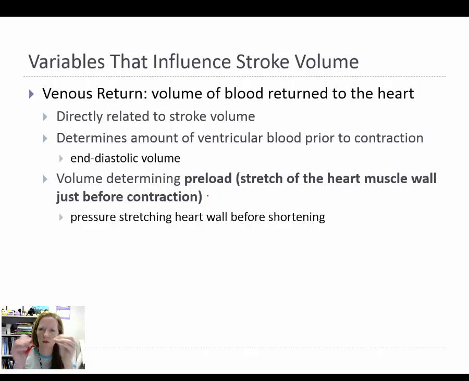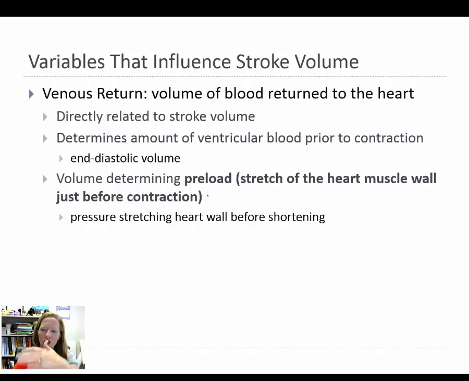So I have my nice little balloon right here. Venous return is how much air, or blood, is returning into my heart. Do you see when I put the air into the balloon, how it stretches my balloon walls? That's preload.